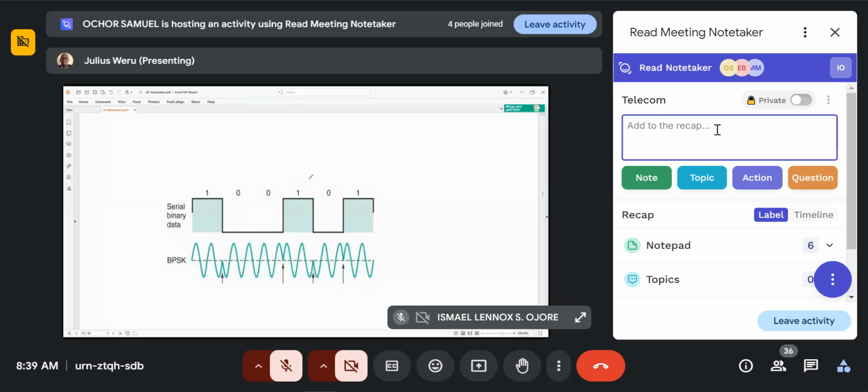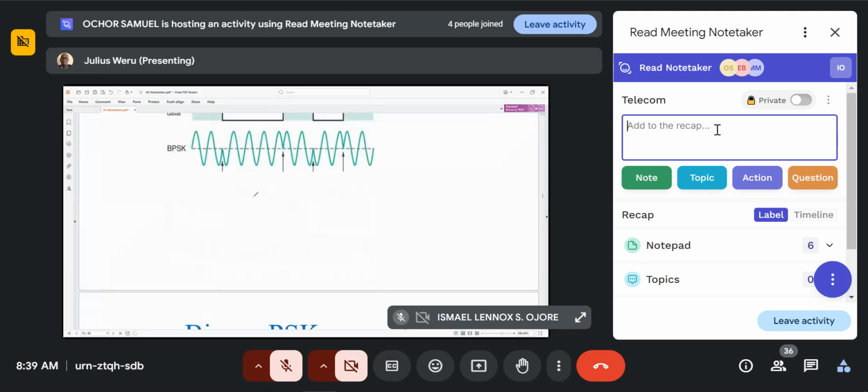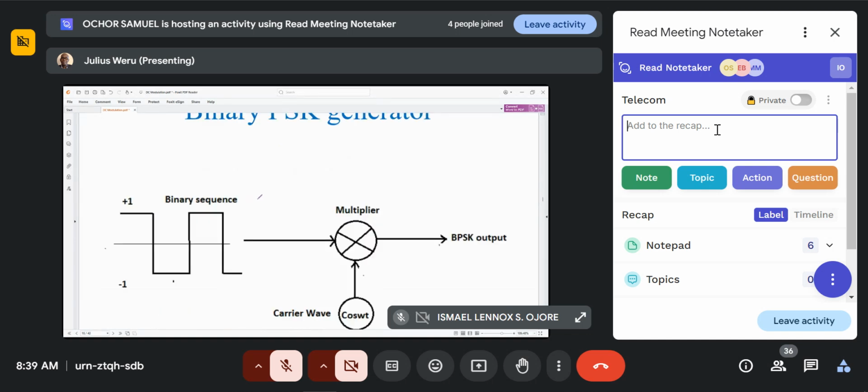So this is your data, and this is your phase. You can see in this case you have a 180 degrees phase change whenever you change from 0 to 1. That's the generator.